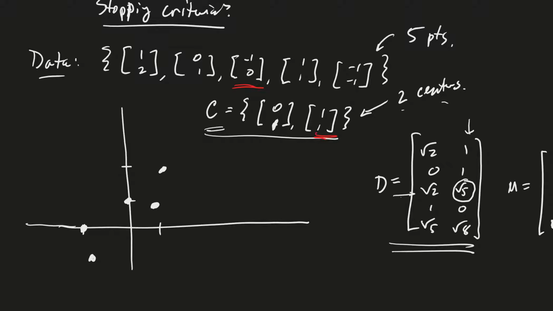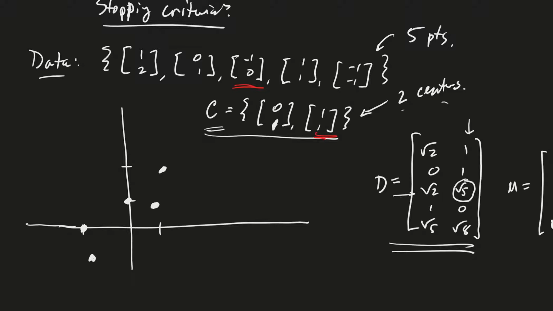The distance between -1 and 1 is 2, and the distance from 0 to 1 is 1. So we get 2 squared plus 1 squared, which equals the square root of 5. Okay, good. That's what the distance matrix is all about.